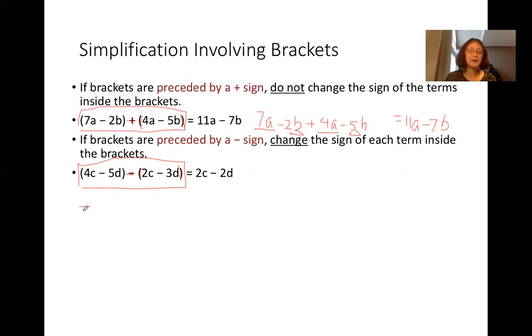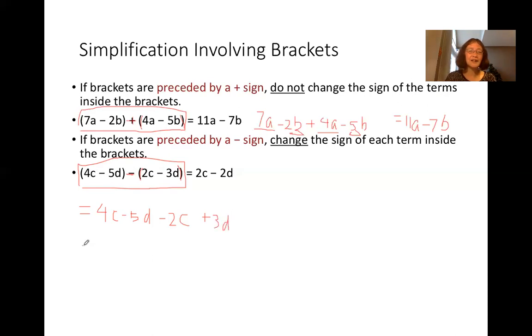So this one becomes, take away the bracket, the first bracket, nothing changed because you do not have negative in front of the bracket. But when you take away the second bracket, you need to change the sign of the terms inside the bracket. So positive 2c becomes negative 2c. Negative 3d becomes positive 3d.